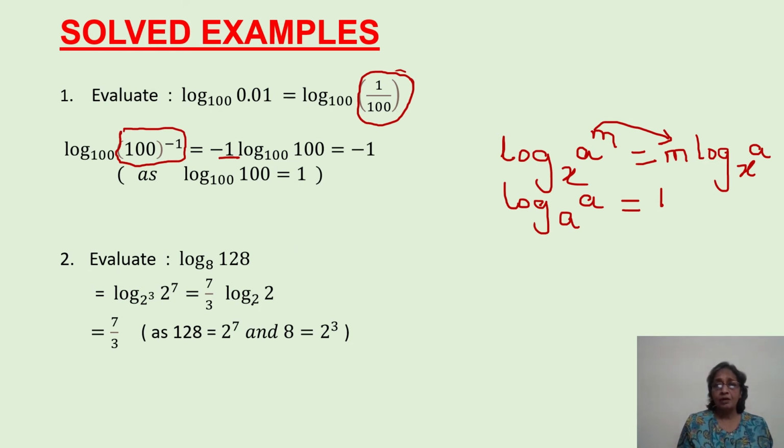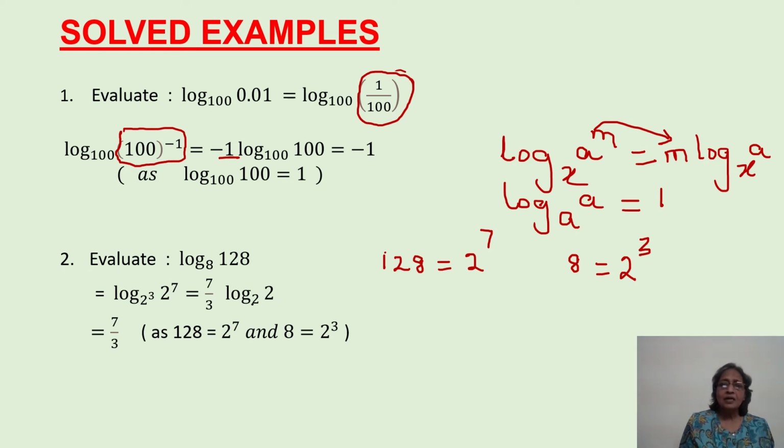Second example, log of 128 to the base 8. Now evaluate this. So we all know what 128 is. It is nothing but 2 raised to 7. And 8 is nothing but 2 raised to 3. So I have converted 128 to 2 raised to 7 and 8 to 2 raised to 3.